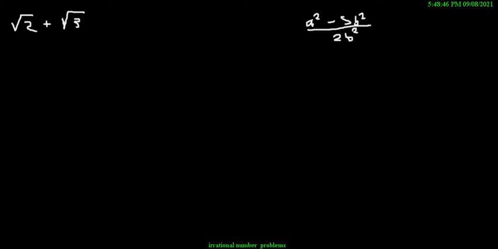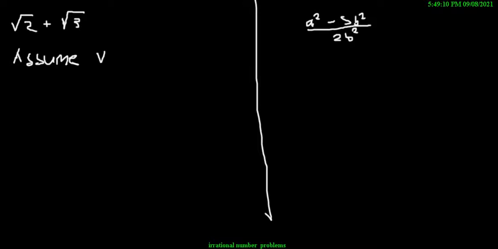So let's just draw a line there. We say suppose, or assume if you want. Let's use assume, I like it. Assume square root of 2 plus square root of 3 is rational.